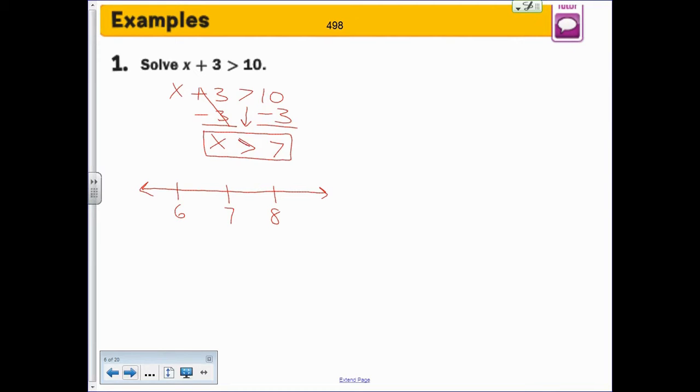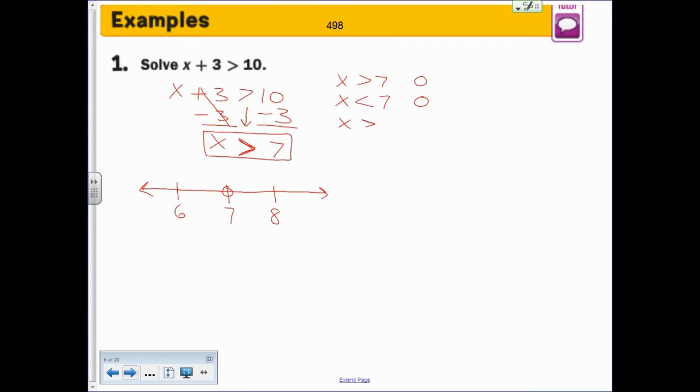Because we have the greater than symbol with no bar underneath it, this is going to be an open circle. So, if x is greater, it is an open circle. If x is less, it is an open circle.